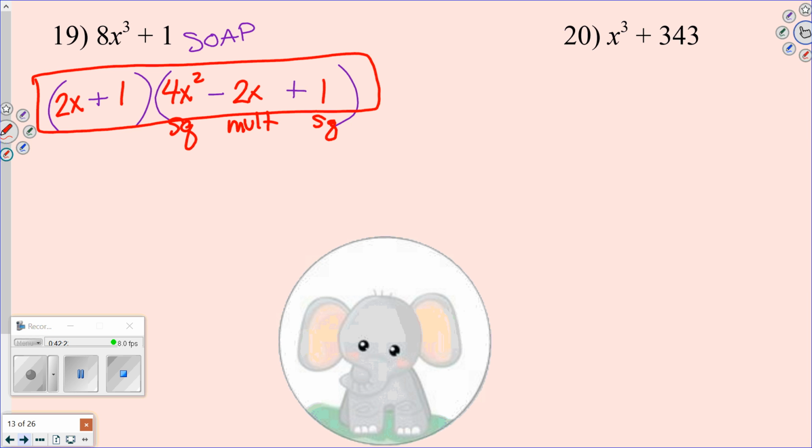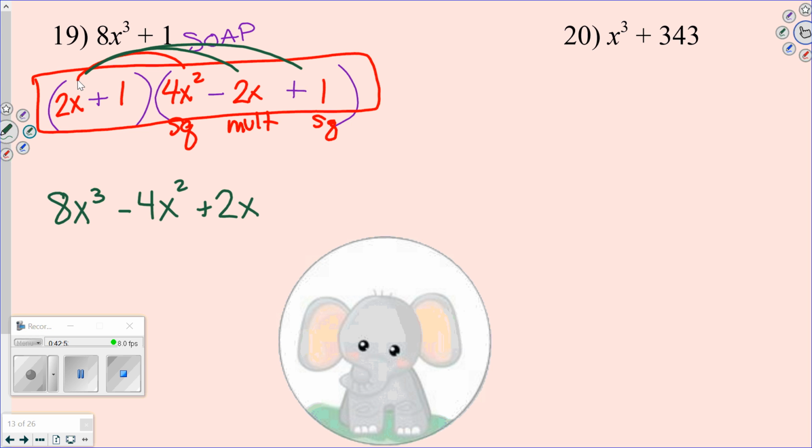Now, is anyone else intrigued by how does that work? Like if I multiply that back together, would I really just get 8x cubed plus 1? Does it seem weird that that would really work? Just for giggles, let's look at it. If you multiplied this back together, that would give you 8x cubed minus 4x. And you don't have to write this down if you don't want. Yes, thank you. That would be plus 2x.